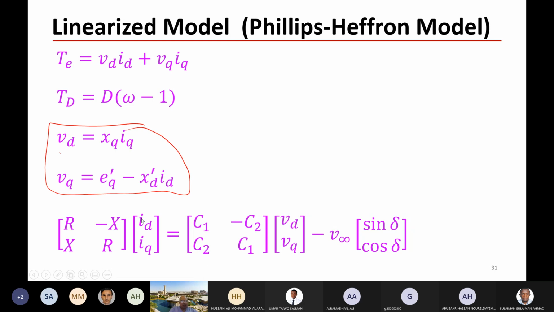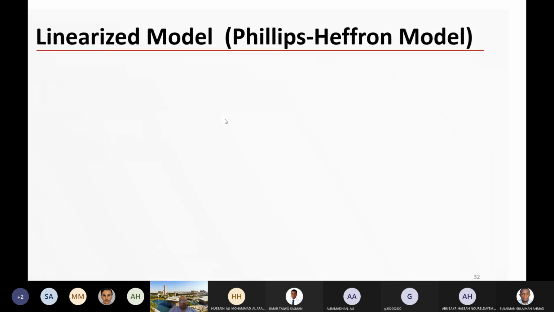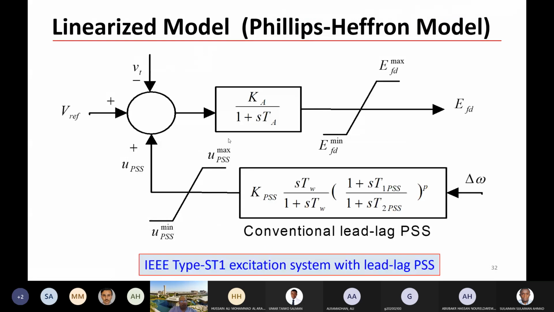We need to express delta Id and delta Iq in terms of delta Eq prime and delta delta. Of course, if you have delta Id and delta Iq, you can have delta Vd and delta Vq from this equation. So this is what we need to find out here.